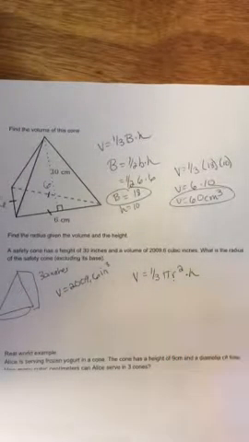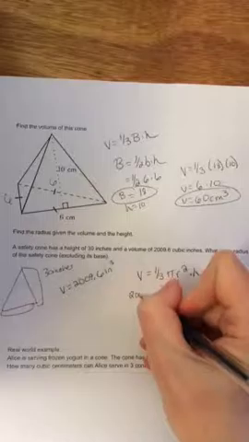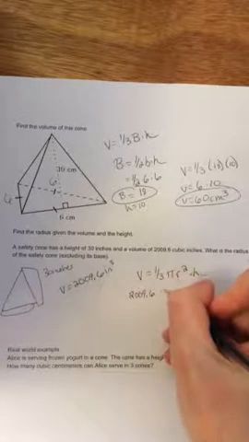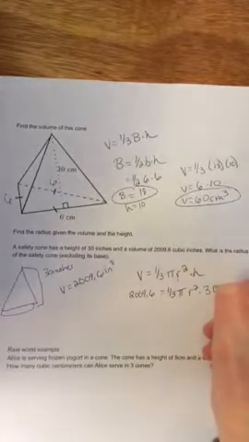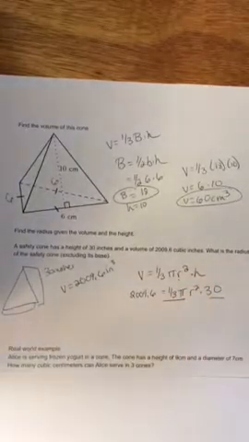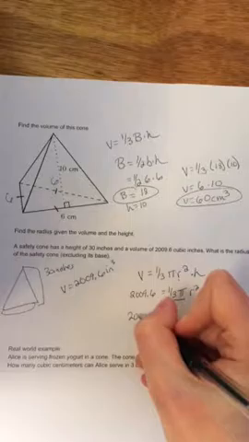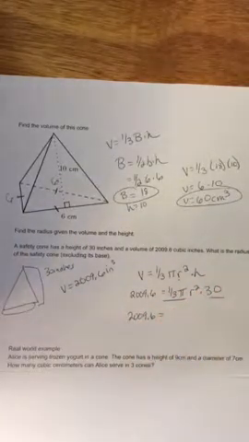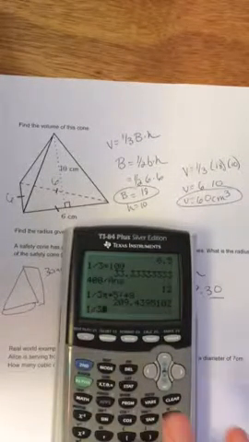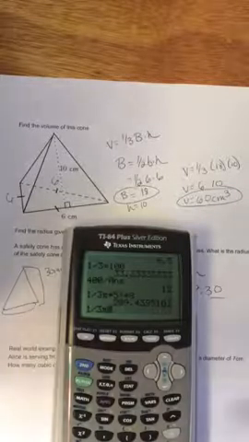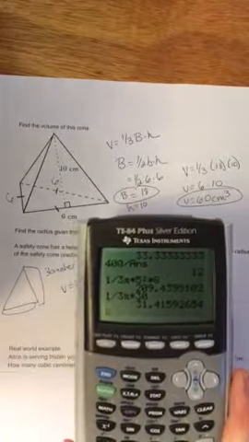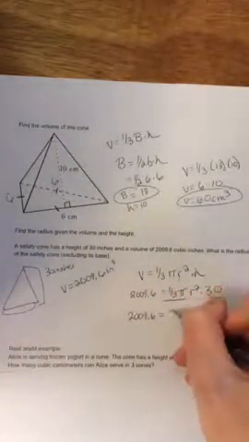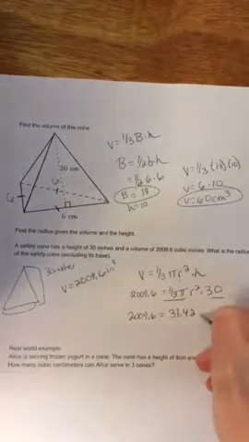I'm solving for r, so I plug in V, which is 2009.6, equals 1/3 pi r squared times height, which is 30. Now I'm going to combine these 3 numbers. The 2009.6 comes down for the ride. And I get 1 divided by 3 times pi times 30, which is 31.42, let's say, times r squared.